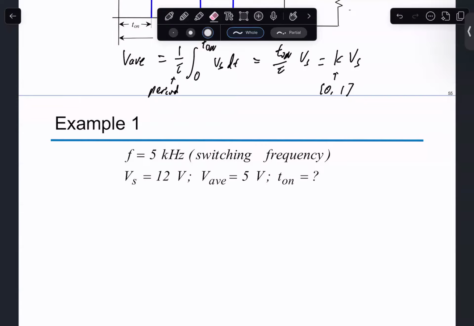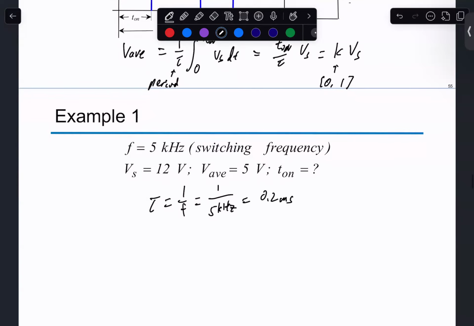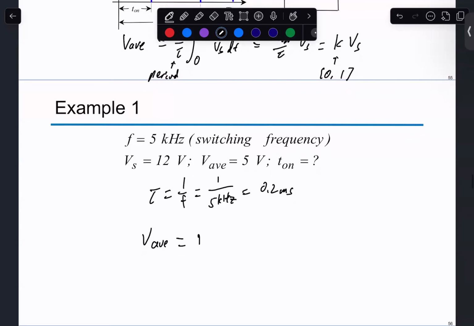Okay, this is a straightforward calculation. The period is one over the frequency, 0.2 milliseconds. We know the average is equal to the duty cycle times the source voltage.